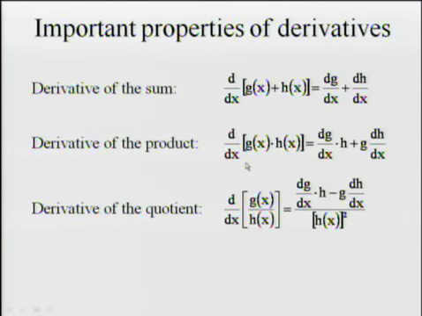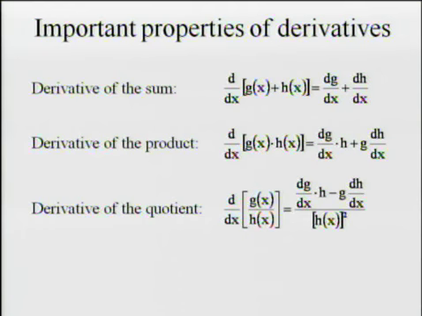However, it is often useful to know how to calculate the derivative of a quotient right away, so I suggest that you memorize it as well. Now you take the derivative of the numerator multiplied by the denominator and subtract the numerator multiplied by the derivative of the denominator, and then you divide the difference by the square of the denominator.